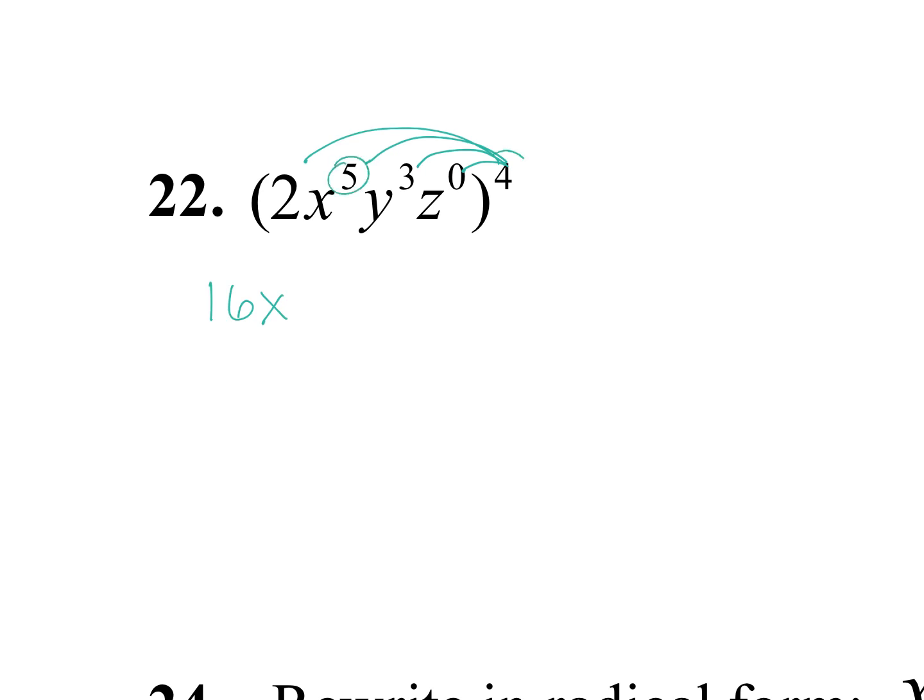When you're doing a power to a power, you multiply them. If it's x to the 5th times x to the 4th, that's when you add them, okay? So x to the 20th, y to the 12th, and z to the 0, which is 1. So don't put it, okay? Simplest form looks like that. 16x to the 20th, y to the 12th.